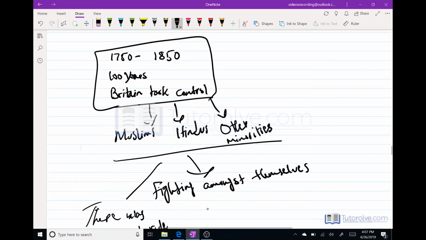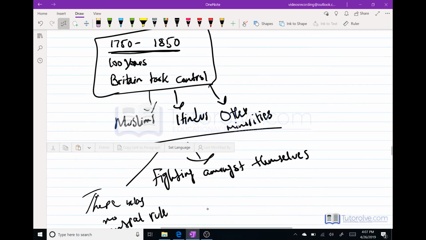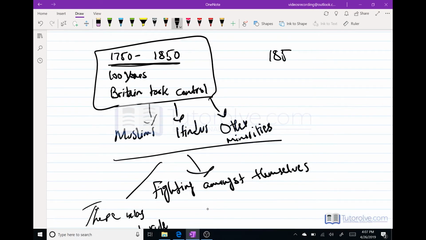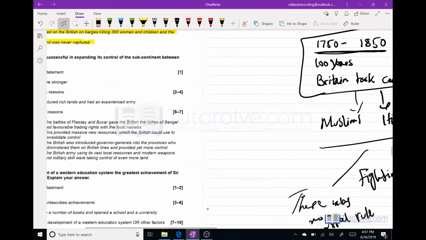Even though the Mughals were still in power during this era, the Mughal rule officially ended in 1857, right, during the War of Independence. But during this whole 100 years after the death of Aurangzeb, a lot of Mughal rulers were weak and feeble and did not know what to do.